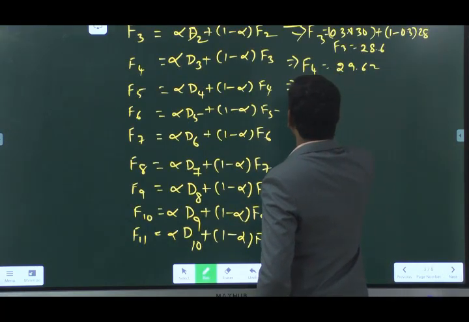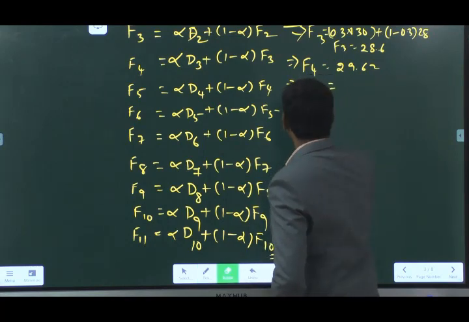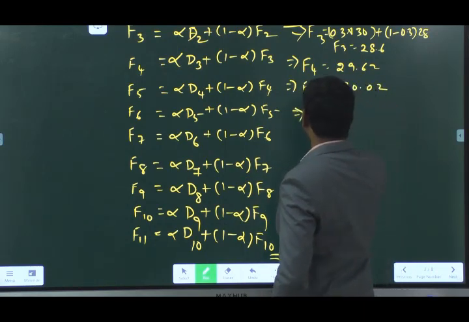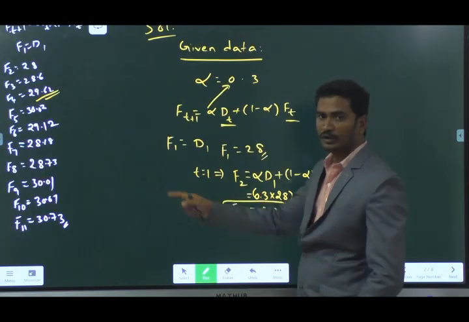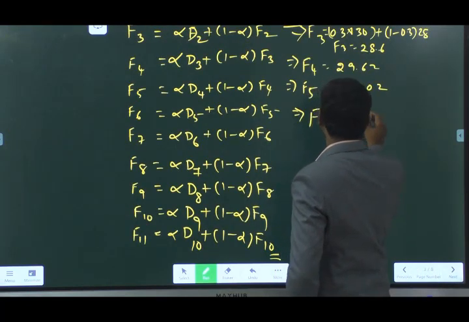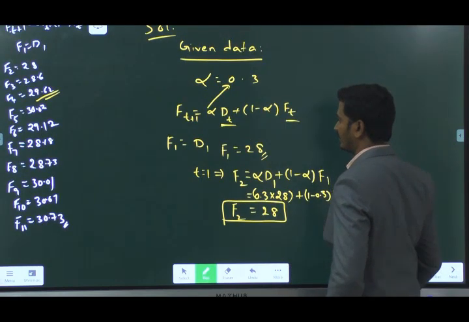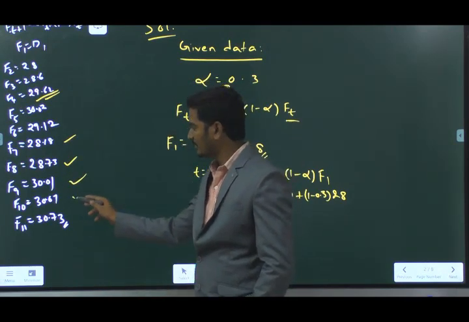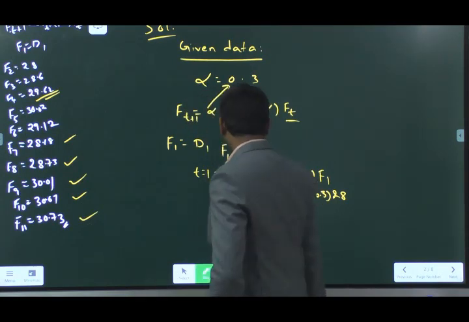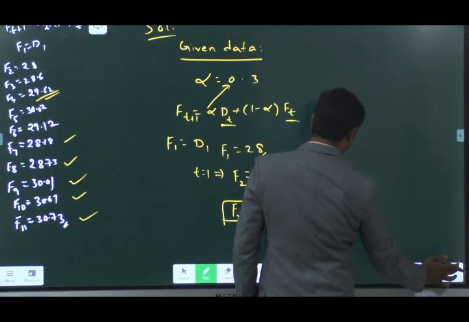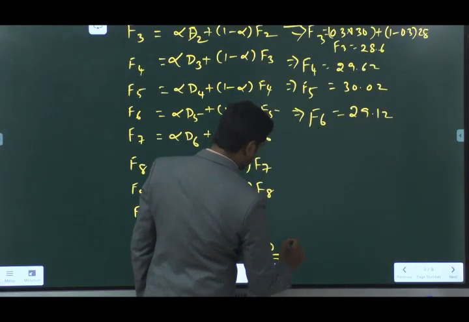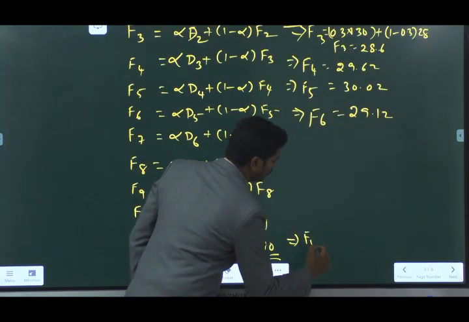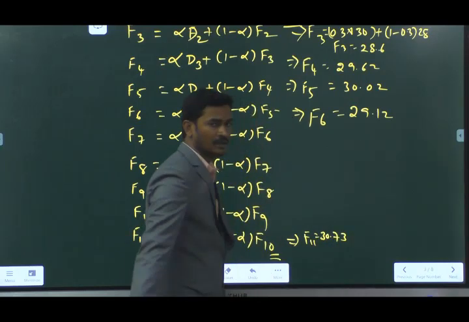Then similarly F5 equals 30.02, F6 equals 29.12, F7 equals 28.18, F8 equals 28.73, F9 equals 30.01, F10 equals 30.67, and F11 equals 30.73. So F11 is equal to 30.73. This is the forecast demand for the 11th period.